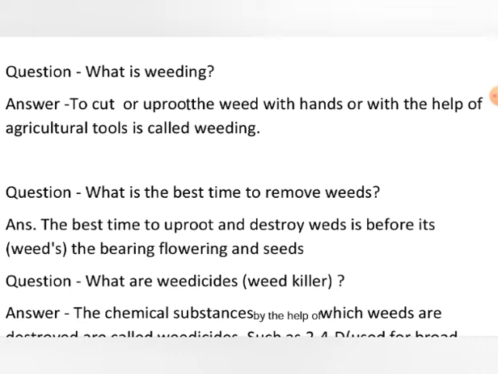And when the weeds have grown in large amounts, the farmer cuts them very near to the ground. These are the two very common methods, and these methods are called weeding.